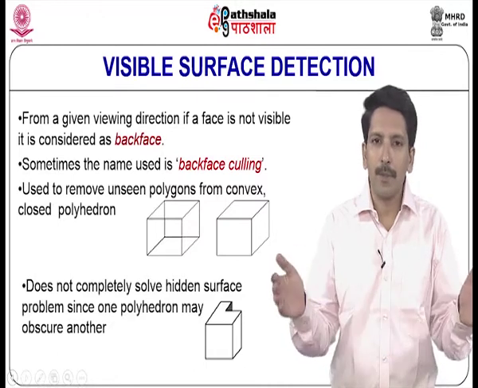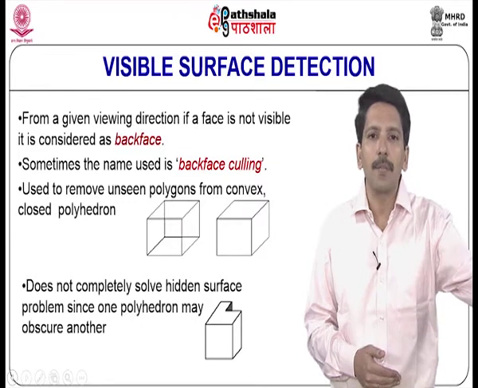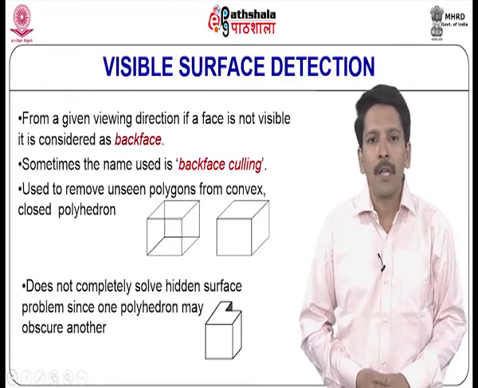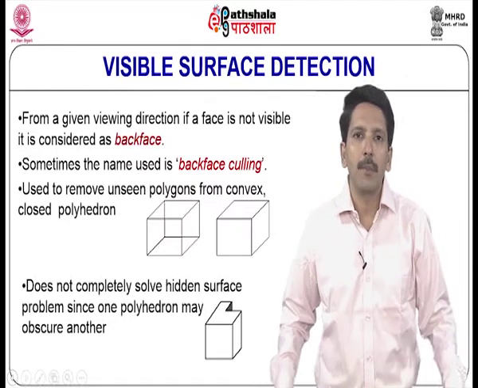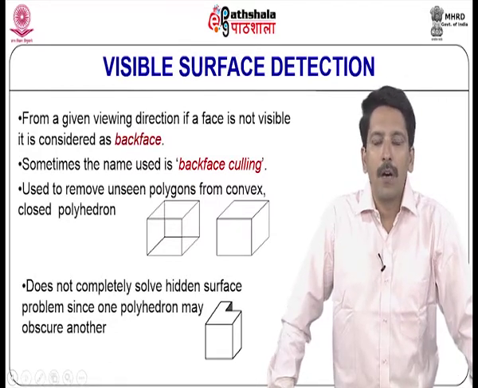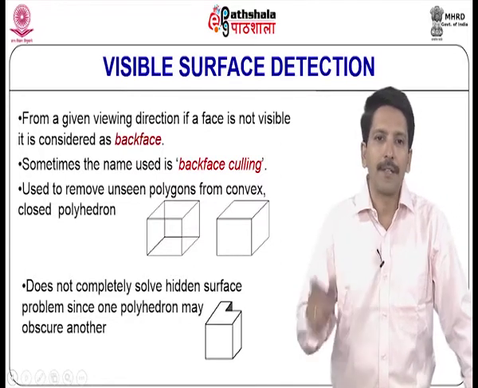You can imagine a position in the 3D world, and from that viewing position, if something is not visible, we call it a backface. Sometimes the name backface culling is used, and in different books you will also find the word culling.